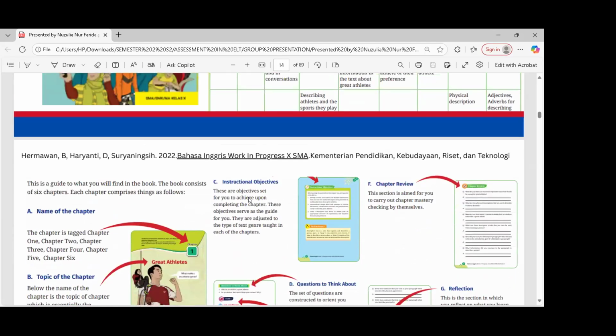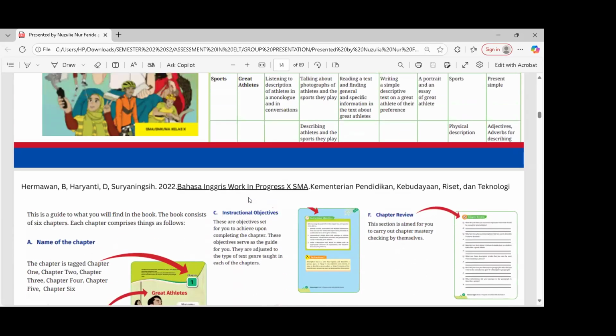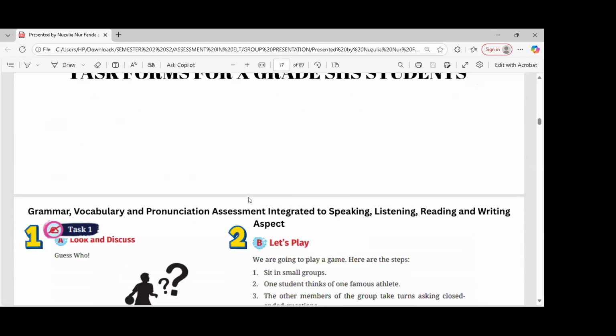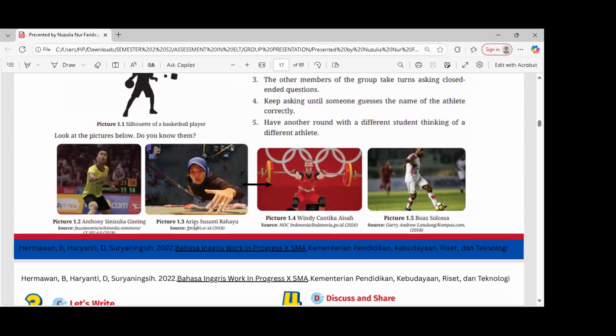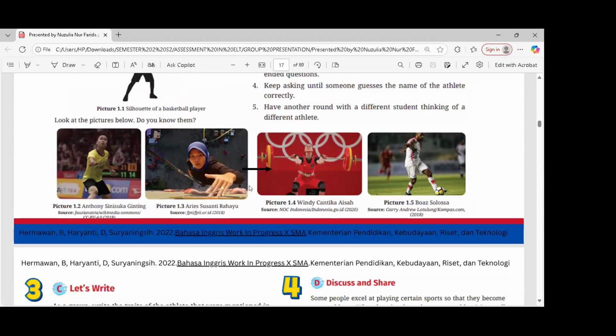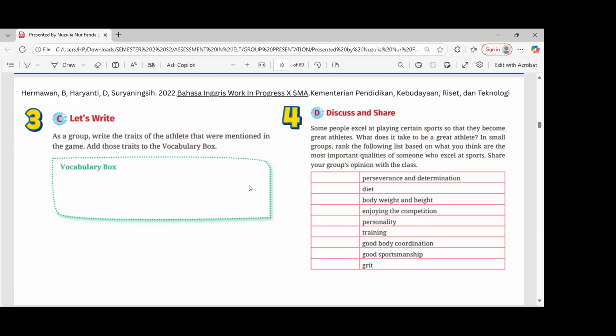Mengusung juga nilai-nilai Pancasila ya. Jadi nanti dikasih tahu atlet-atlet Indonesia yang mendunia itu siapa aja, berdasarkan temanya. Begitu Mbak. Okay. Iya. Right.